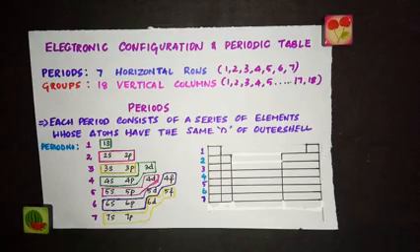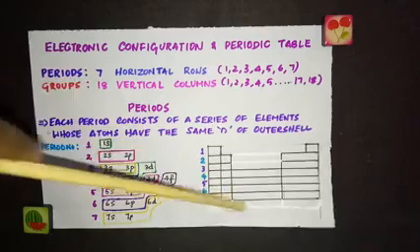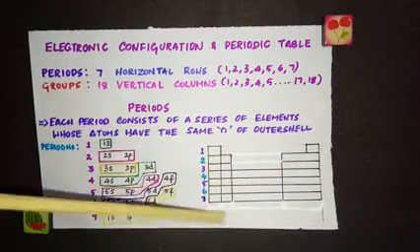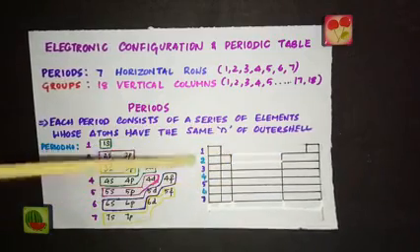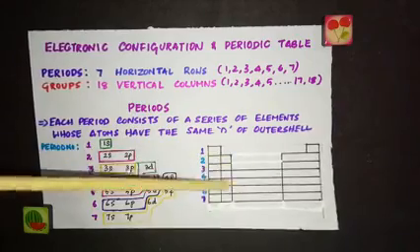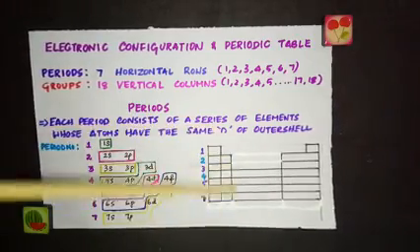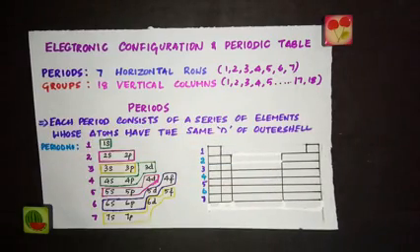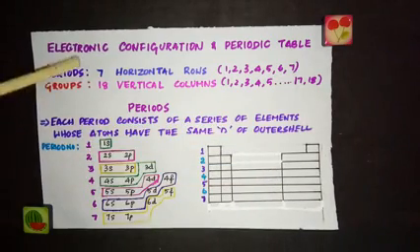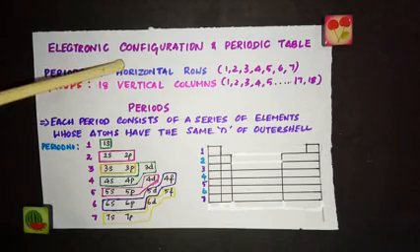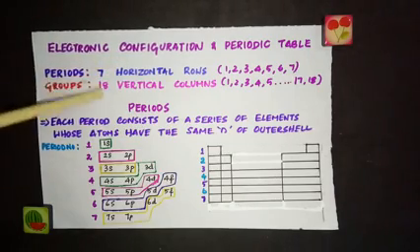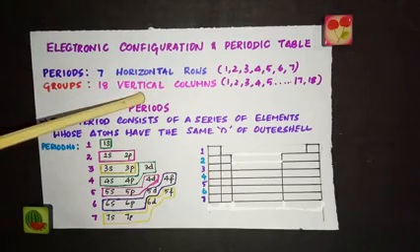In the long form of the periodic table, we have horizontal rows and vertical columns. I've drawn an outline of this periodic table. So these horizontal rows are called periods and these vertical columns are called groups. So in the modern periodic table, we have 7 periods which are horizontal rows and we have 18 groups which are vertical columns.